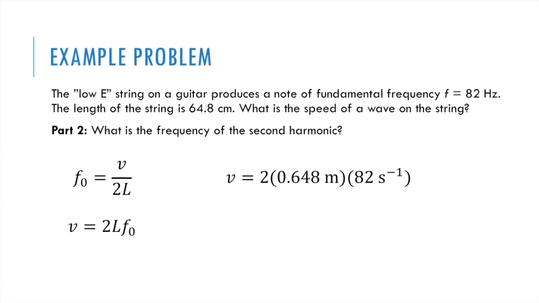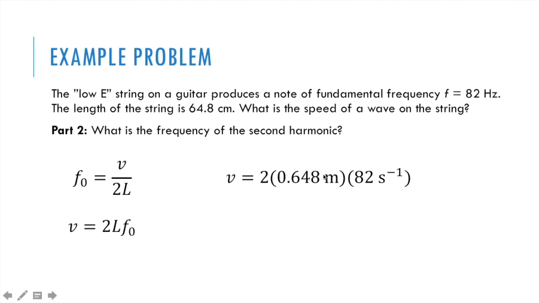Now, we have to mention that this equation is not in your data booklet. So again, you either have to memorize that this is the fundamental frequency for a wave on a string, or be able to go through the steps from 2 slides back and set that up. Once you know that, it's a very simple problem.